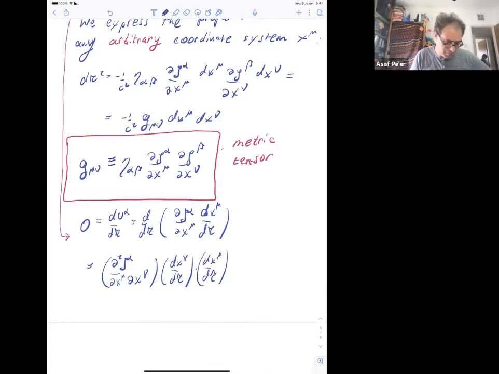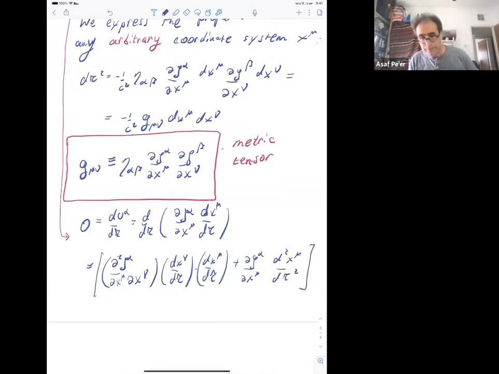That's the first term. And then the second term is plus (∂ξ^α/∂x^μ) d²x^μ/dτ². Just a derivative.